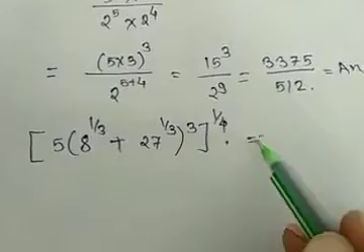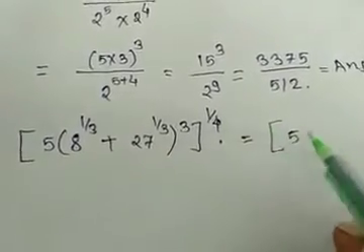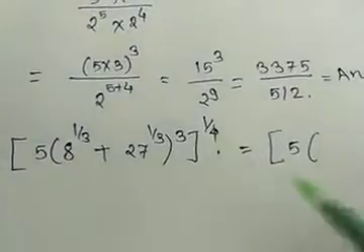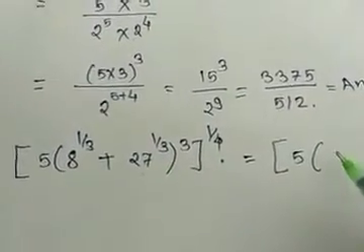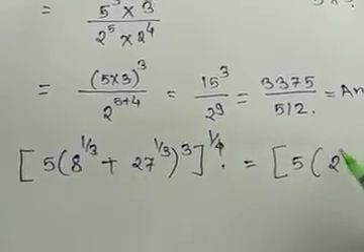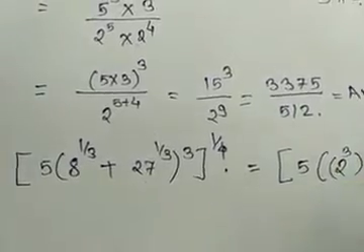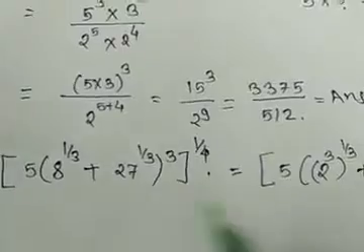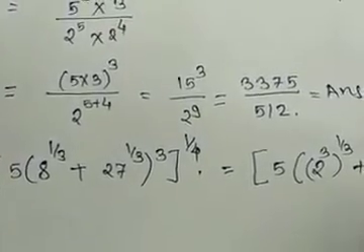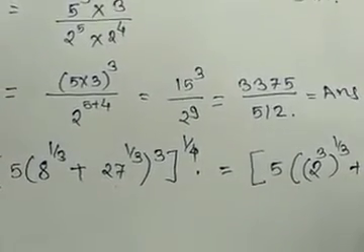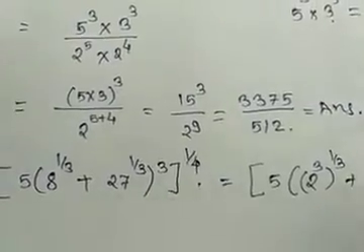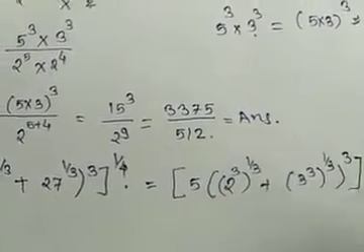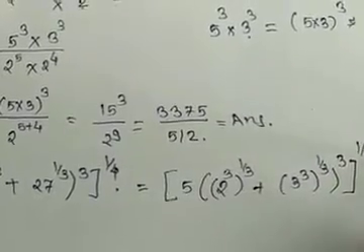So first, 8 can be written as 2 raised to 3 raised to 1 by 3, plus 27 can be written as 3 cube raised to 1 by 3, and bracket cube, and total bracket raised to 1 by 4 as it is.